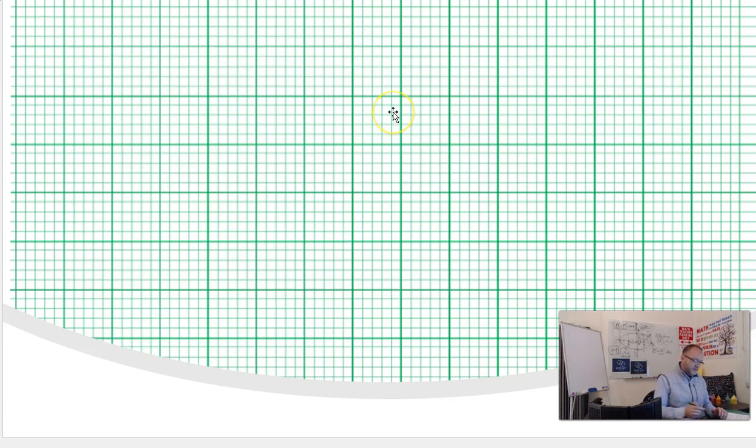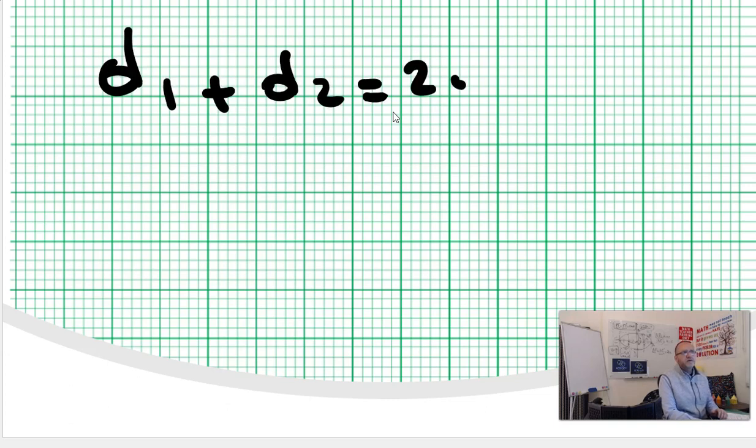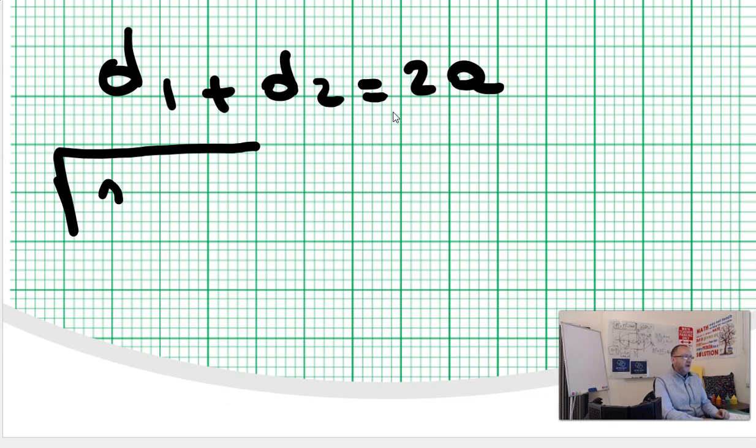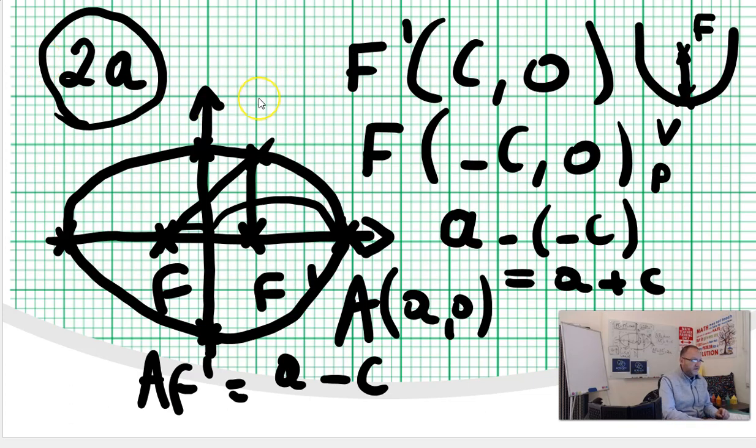Okay? So if we start with something as simple as what we just said, D1 plus D2 equals 2A, right? What's D1 plus D2? This is a distance formula, equal to the square root of X minus, look at this. You won't tell me where the X came from. This is a point moving here, so it has an XY, that's it. Any point moving, even on the parabola, it's not r, theta, we are in regular Cartesian, it's XY.